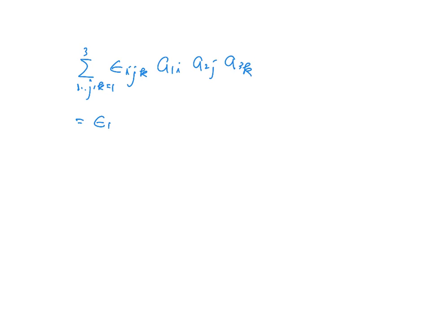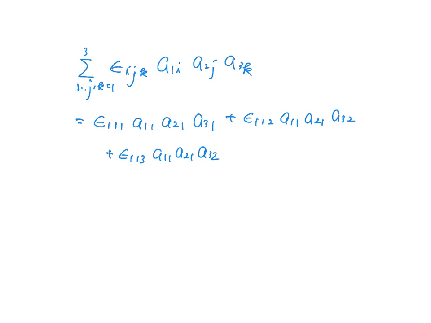So a1,1, a2,1, a3,1, epsilon 1,1,2, a1,1, a2,1, a3,2, plus epsilon 1,1,3, a1,1, a2,1, a3,2. So I would have to write down 27 terms.